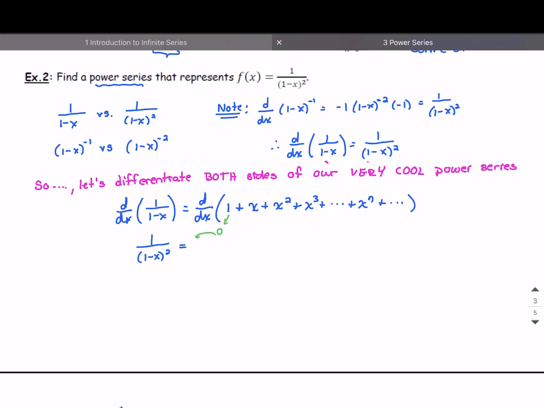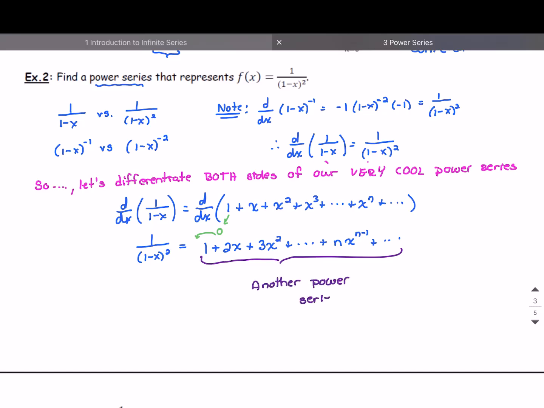The derivative of x is 1, plus the derivative of x squared is 2x, plus the derivative of x cubed is 3x squared. And we continue in this pattern. The derivative of x to the n is n x to the n minus 1. And this continues. Well, guess what? We've found our power series.